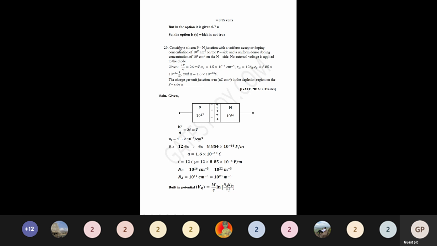Next. Consider a silicon PN junction with a uniform acceptor doping concentration of 10 to the power 17 per centimeter cube on the P side and a uniform donor doping concentration of 10 to the power 16 per centimeter cube on the N side. No external voltage is applied to the diode. The given data is kT by q equal to 26 millivolt, ni equal to 1.5 into 10 to the power 10 per centimeter cube.